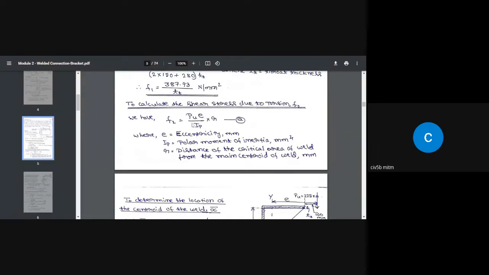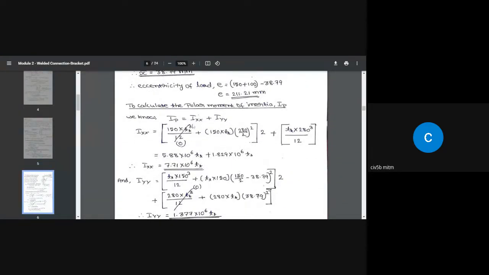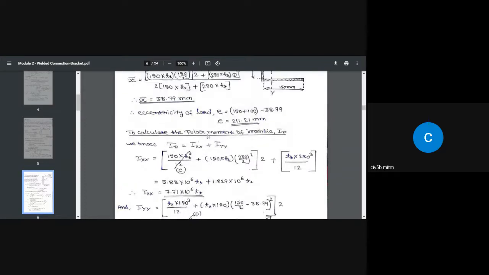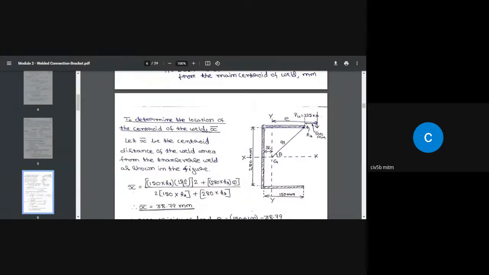The next thing is we need to find out what is the IP value. IP value is IXX plus IYY. So what is the IXX value? IXX is the moment of inertia of this weld, this weld and this weld about this axis.